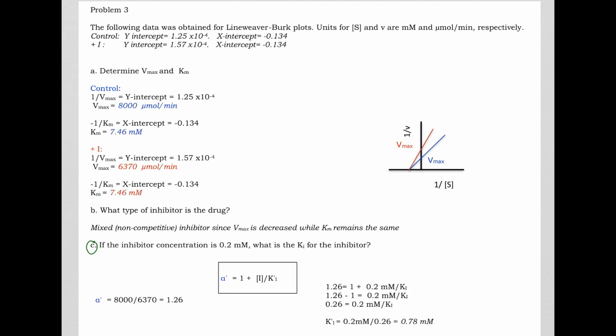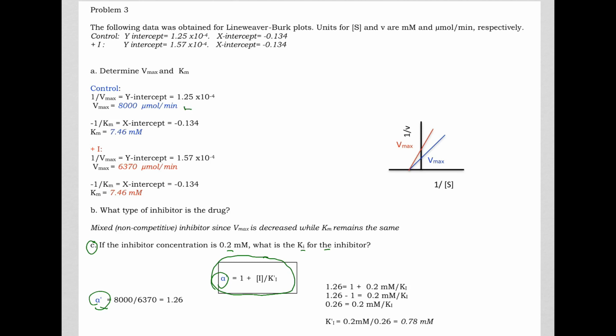For the third part, if the inhibitor concentration is 0.2 millimolar, what is the Ki for the inhibitor? For this part, we will use this relationship. First we'll calculate alpha, which is easily calculated. That's the factor by which, in this case, the Vmax has decreased.